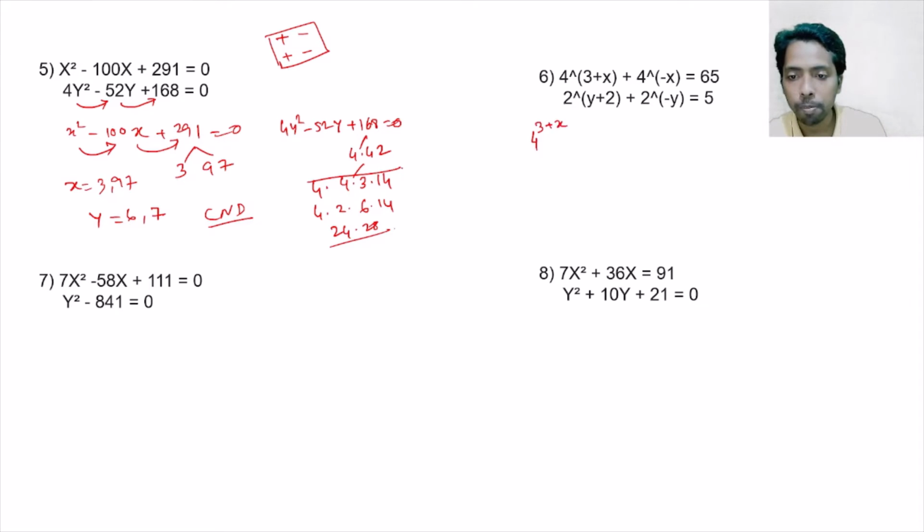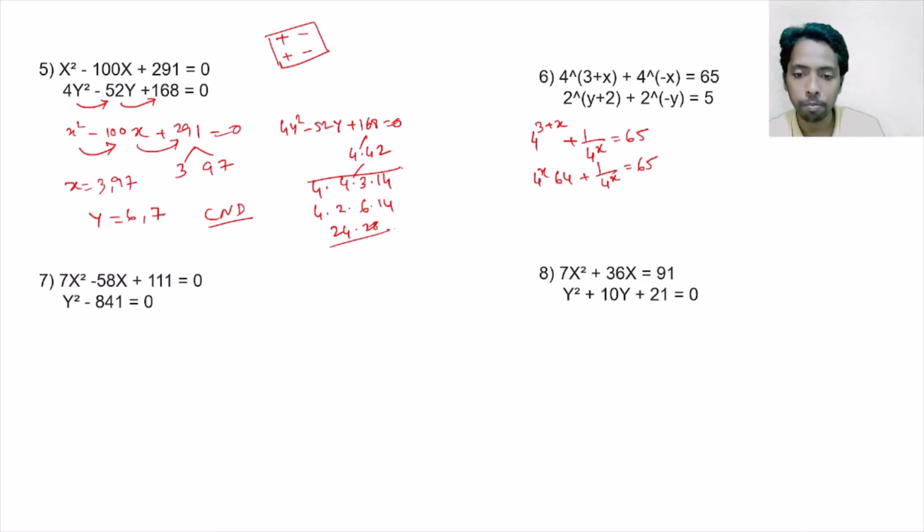So moving to next, this is 4 to the power 3 plus x plus 4 to the power minus x, that is 1 by 4 to the power x, equals 65, right? And now this is 4 to the power x times 64 plus 1 by 4 to the power x equals 65. So what does it mean? This is already 64, right?